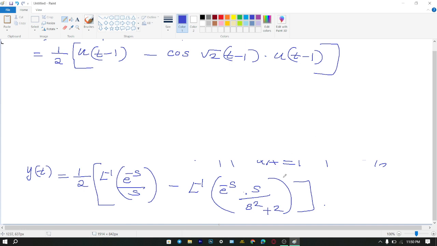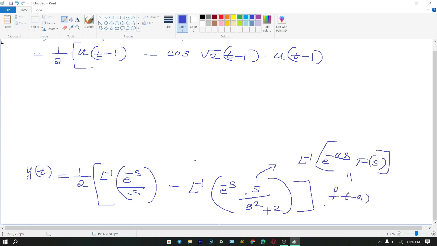Here we can see that this function is of the form L inverse of e raised to minus as into f of s, the corollary to the second shifting theorem, and its answer is f of t minus a into u of t minus a.